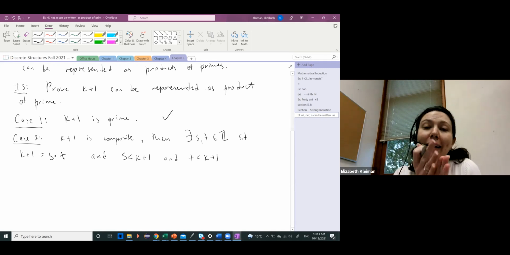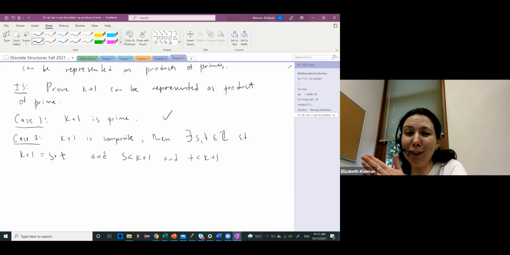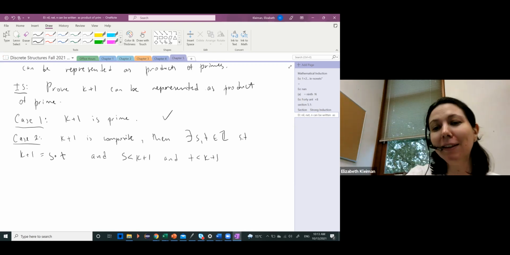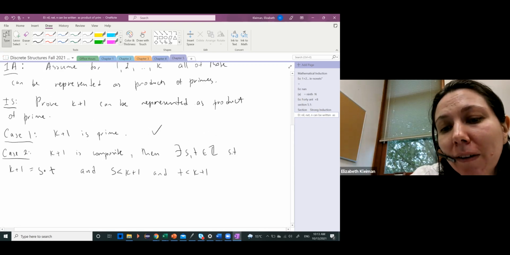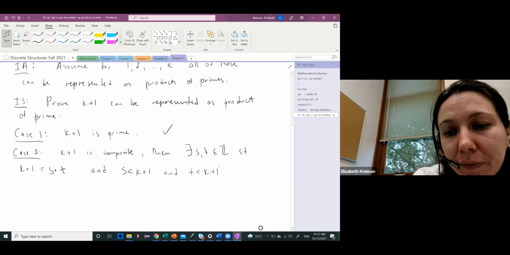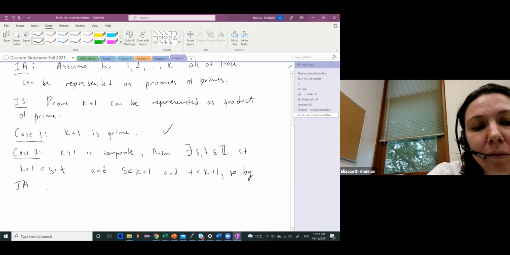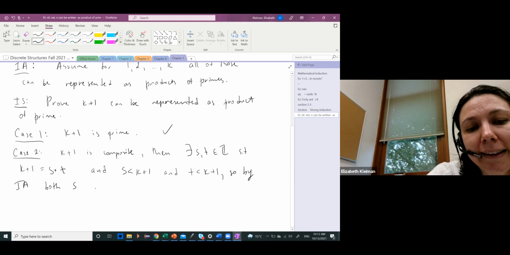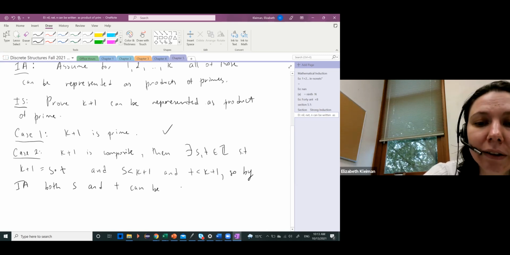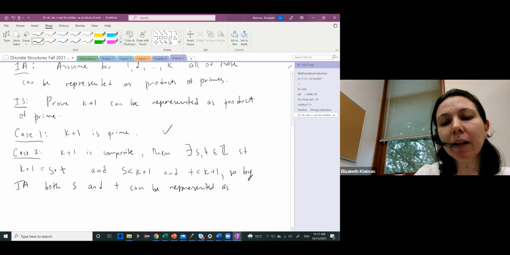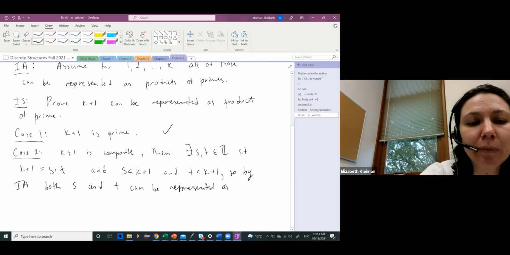Now, it's not directly a number before me, but I assumed it's true for everybody, correct? So by induction assumption, both s and t can be represented as products of primes.